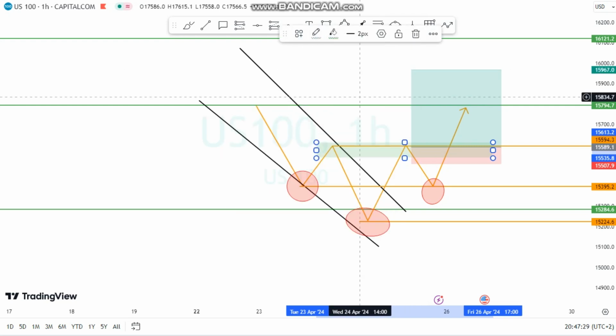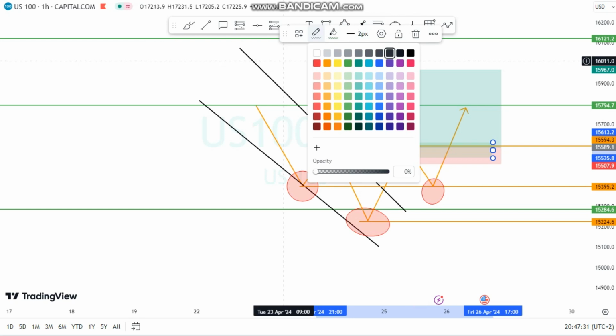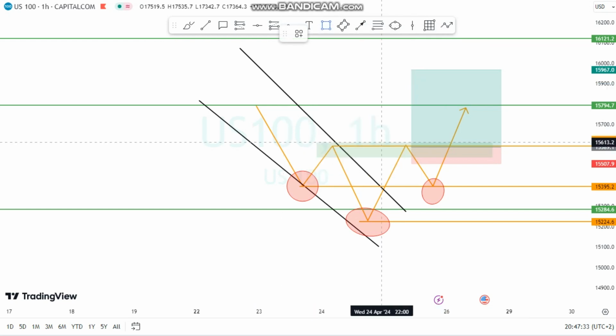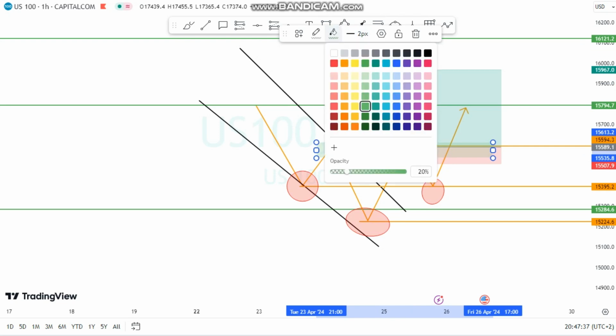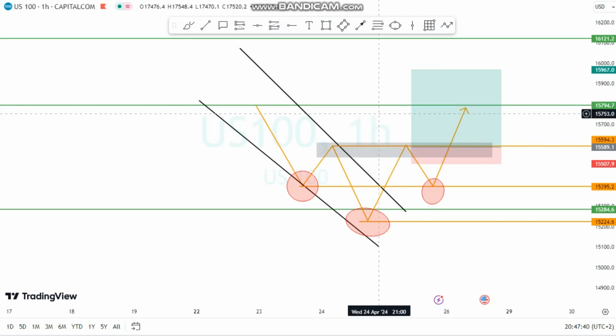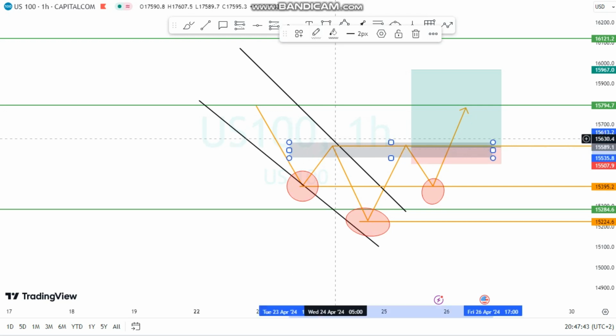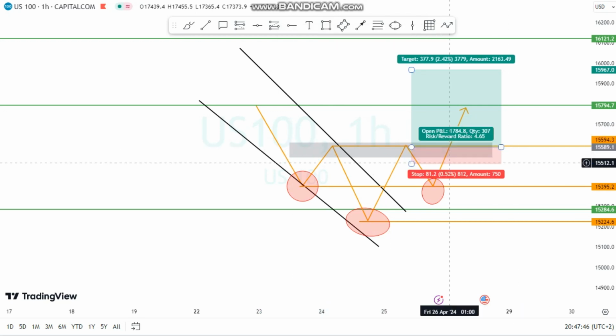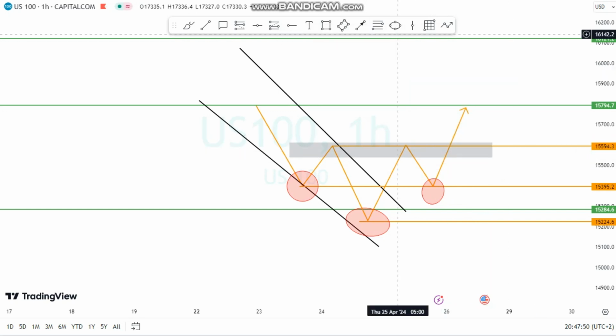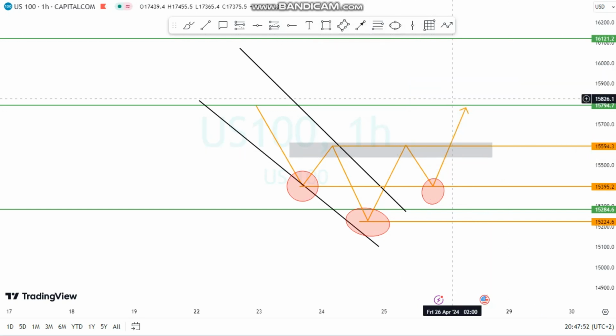This right here is known as the neckline, and the textbook is normally going to tell you to take your trades from the neckline, but a lot of times that isn't how the market is going to move.